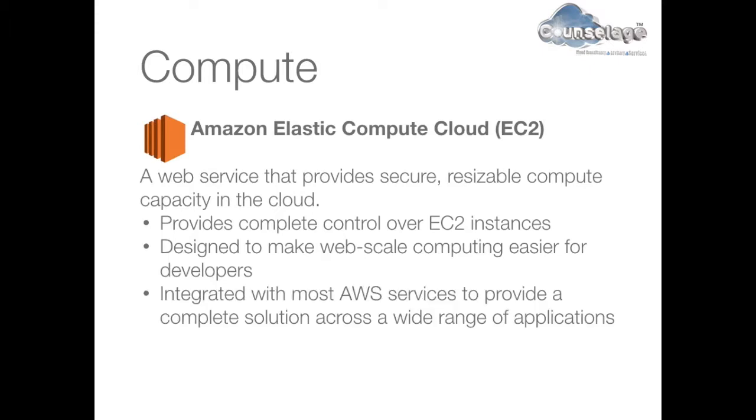Also, EC2 is integrated with most AWS services such as Amazon S3, Amazon RDS, Amazon VPC to provide a complete, secure solution for computing, query processing, and cloud storage across a wide range of applications.